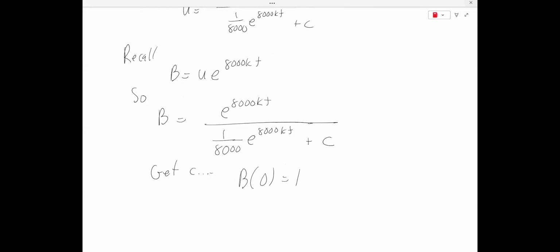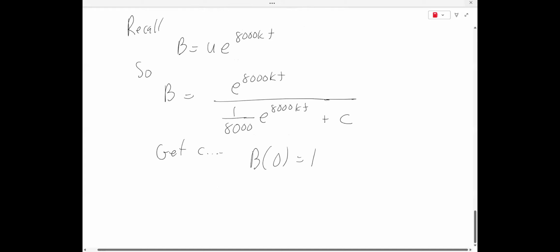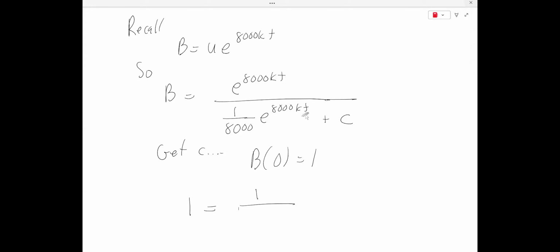So I put 1 here is equal to, if I put 0 here, that'd just be 1 up here. Put 0 here, that's 1 over 8,000. Then plus c, like this.